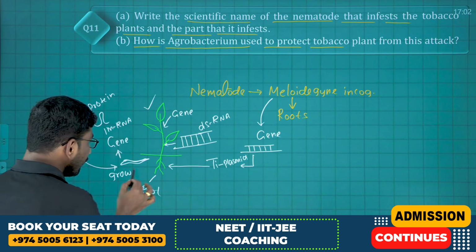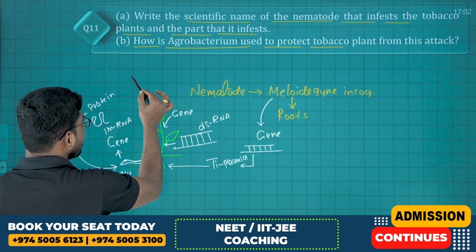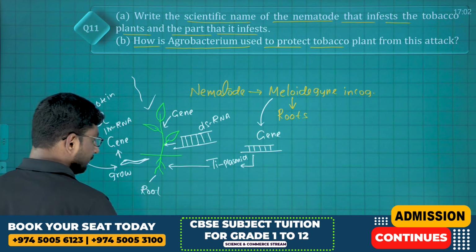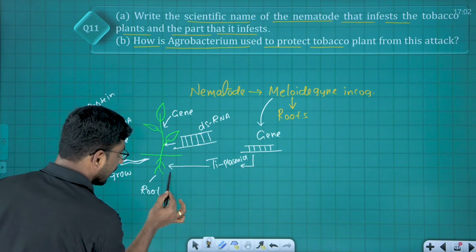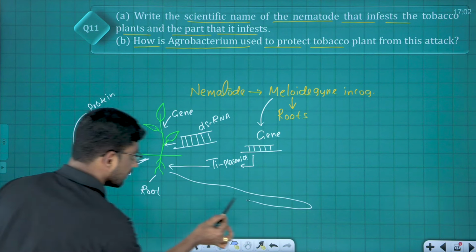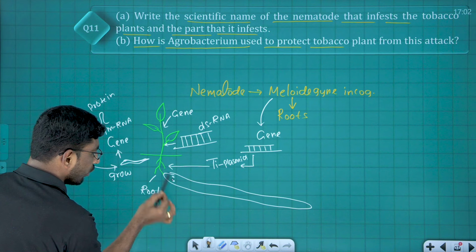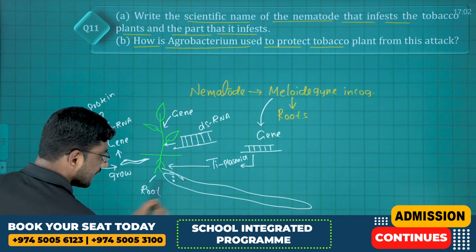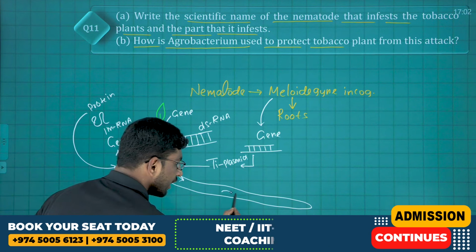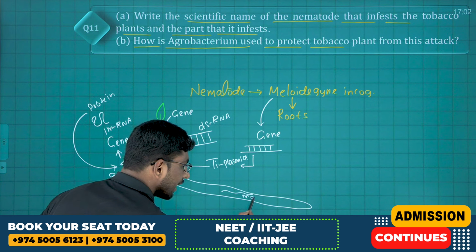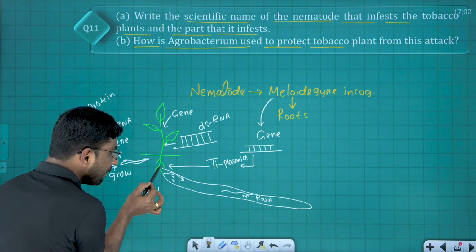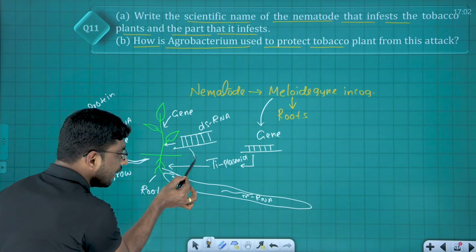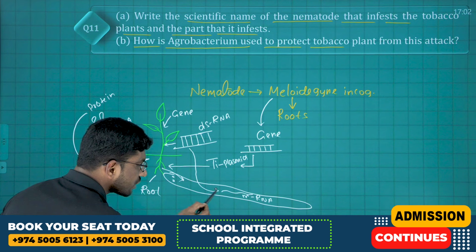Clear? Now, the Meloidogyne incognita worm is feeding on, attacking this plant. When the worm comes and takes in, this is the Meloidogyne incognita mRNA. But in the plant body, dsRNA is already there.